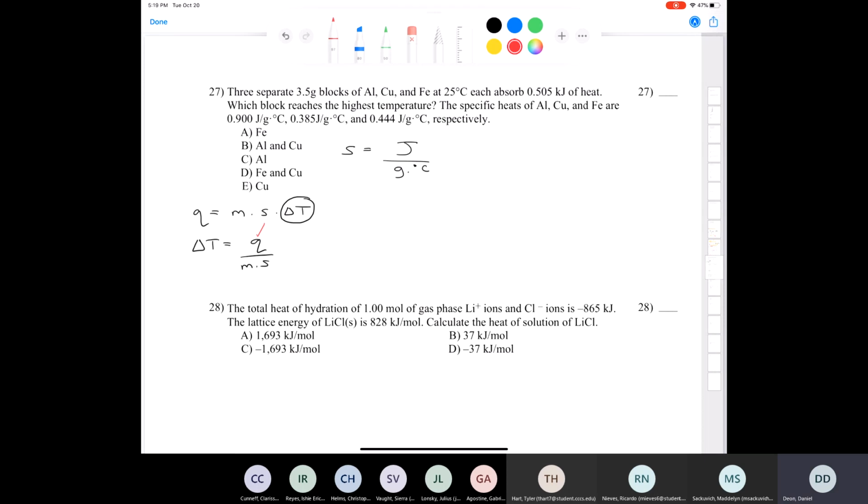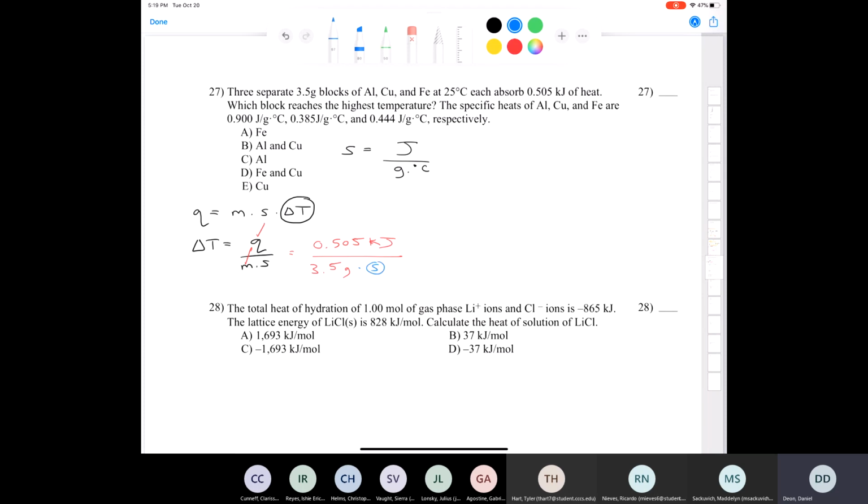They all absorb 0.505 kilojoules of heat. No difference there, okay? They all have the same mass, right? They all have a mass of 3.5 grams. What's the difference then? The difference is the specific heat, right, my S.